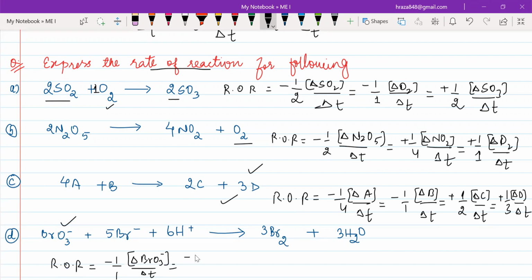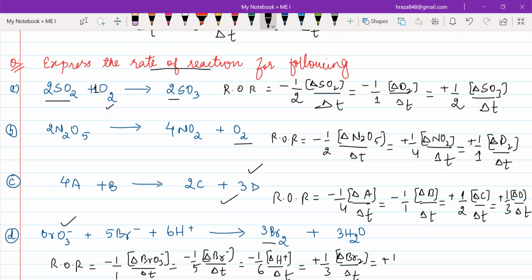Then again, negative 1 by 5 change in concentration of Br negative upon delta t, then minus 1 by 6 delta H plus upon delta t. Then, this is product, plus 1 by 3 change in concentration of Br2 upon delta t. Then it will be equal to plus 1 by 3 change in concentration of H2 upon delta t.